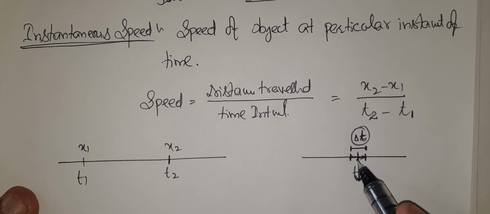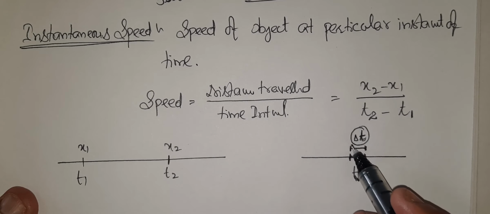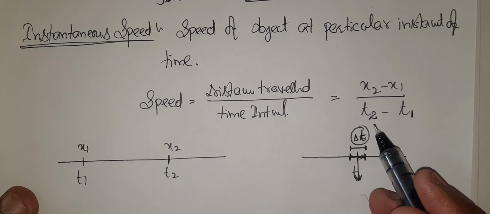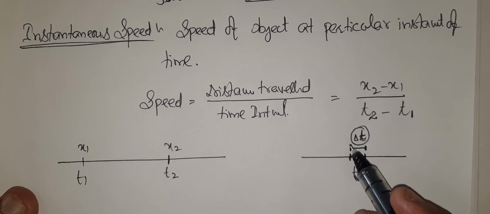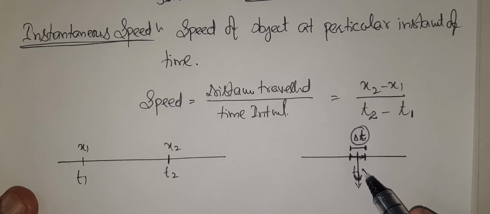Around this time t, I took an infinitely small time before, पहले वाला, और infinitely small time आगे वाला. फिर ये दोनों इंस्टेंट्स कंसीडर करते हुए मैंने टाइम इंटरवल बना दिया, डेल्टा t. This time interval delta t is basically around this instant t.